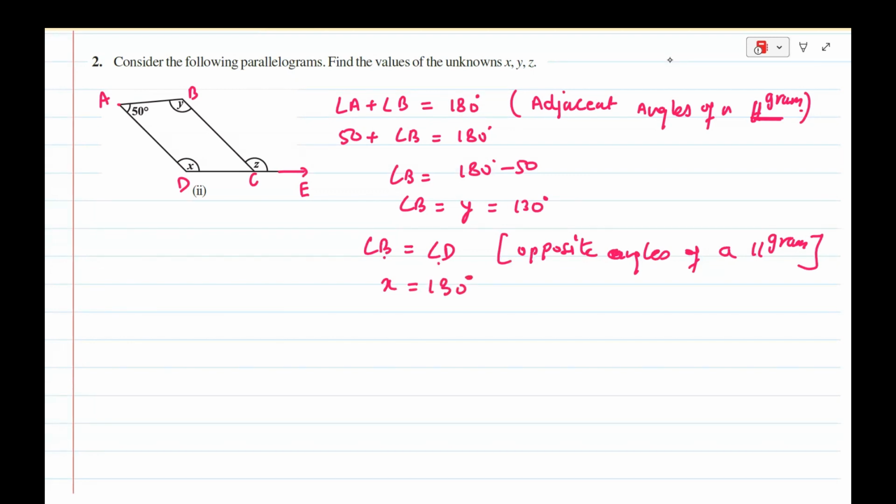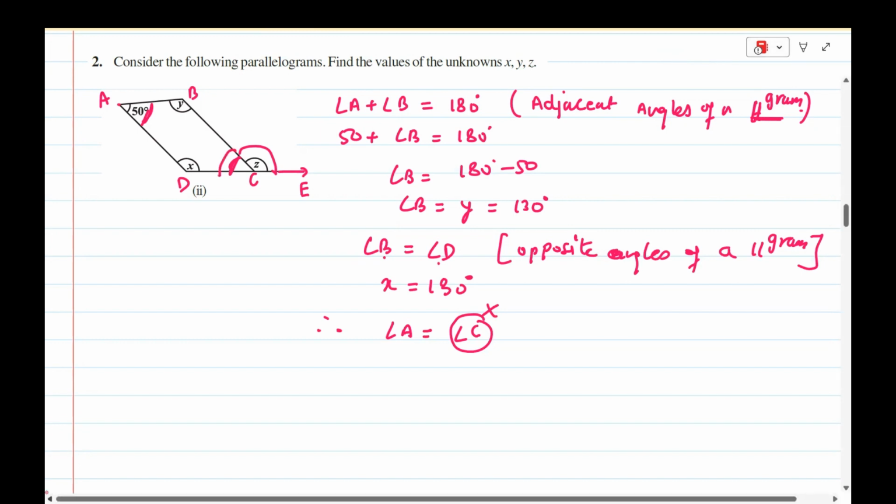Now what about Z? Okay, let's see. Here, I know opposite angles of a parallelogram are equal, right? So angle A is equal to angle C. Here, I cannot write angle C because angle C is this side also. So which angle you are mentioning, you have to write in detail.